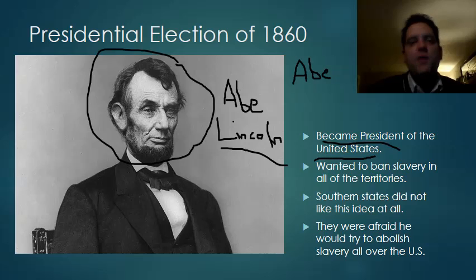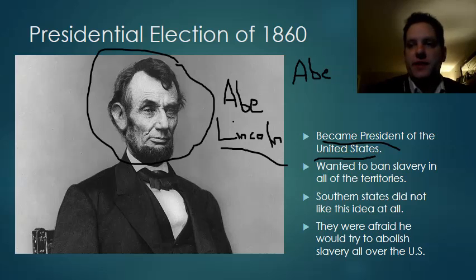Now, he wanted to ban slavery in all the territories. But if you saw the compromises of 1850, of the Kansas-Nebraska Act of 1854, could those territories, were they free or were they slave territories? They were neither. They could decide for themselves.